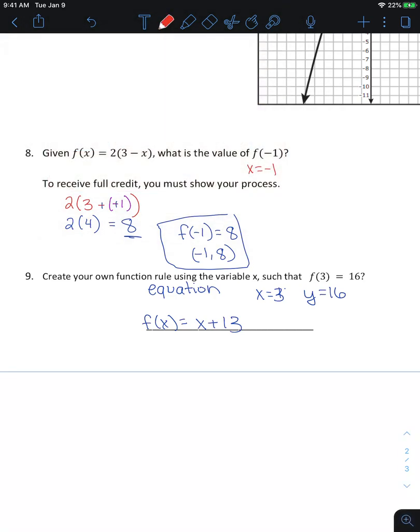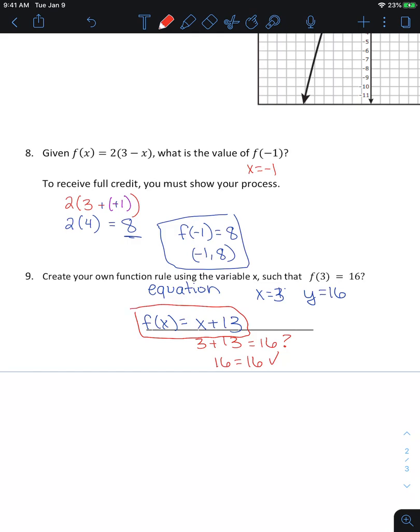So if I plug in 3 for x, I should get 16 for f of x or y. So if I say 3 plus 13, is 3 plus 13 16? Yes, it is. 3 plus 13 is 16, so 16 equals 16, so this would work as one of our rules.